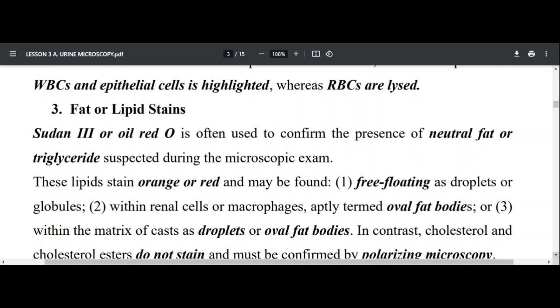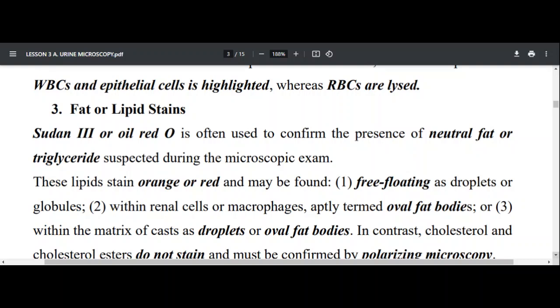These lipids stain orange or red and may be found free-floating as droplets or globules. Sometimes they can be found within renal cells or macrophages, and those cells are called oval fat bodies. These fats can also be found in casts, as droplets or oval fat bodies in casts.